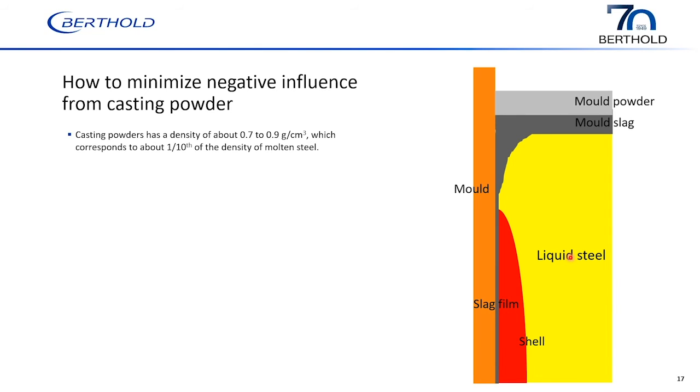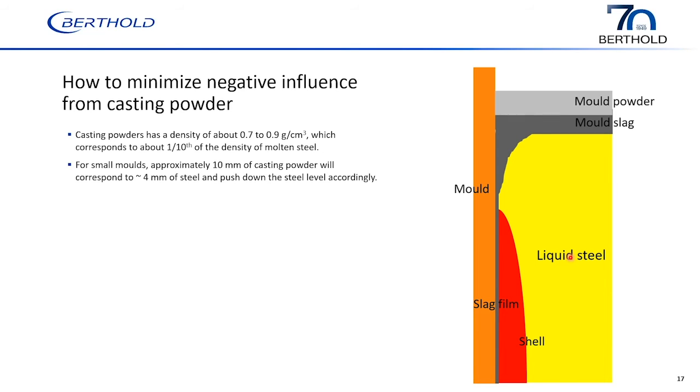Mold powder or casting powder has a density of about 0.7 to 0.9 gram per cubic centimeter, which corresponds to about 1/10 of the density of molten steel. For small molds, approximately 1 centimeter of casting powder will correspond to 4 millimeters of steel pushing down the steel level.